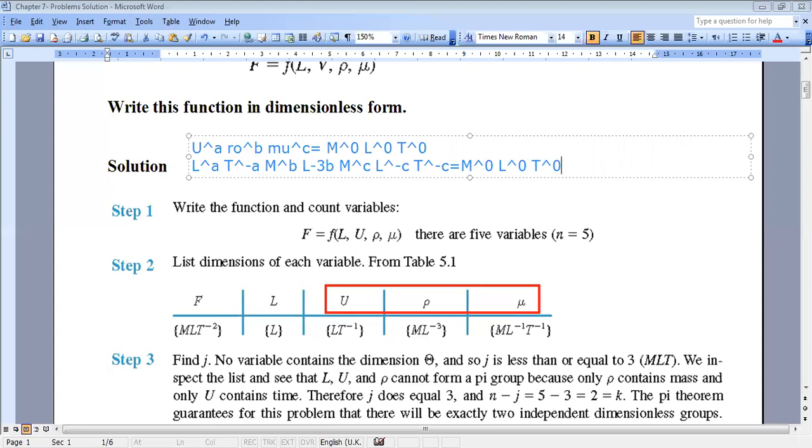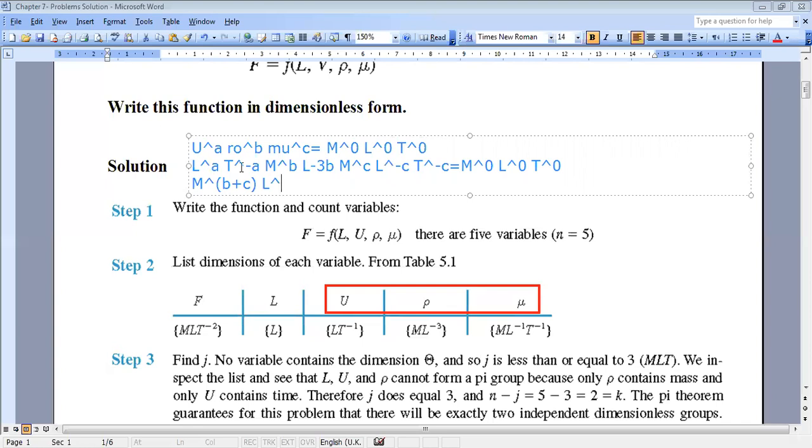Now, how to find if I can have A, B, C this way? I determine the coefficient of L, M, and T. So let us start with M. What is the coefficient of M? I have M to the power B here, and M to the power C here. So in total, M is to the power B plus C.